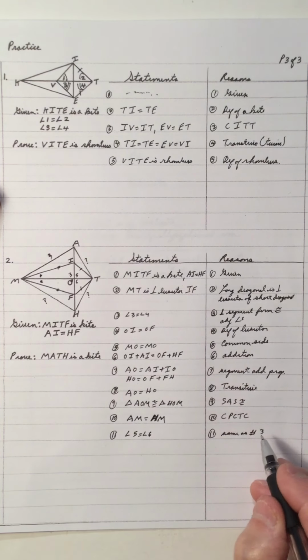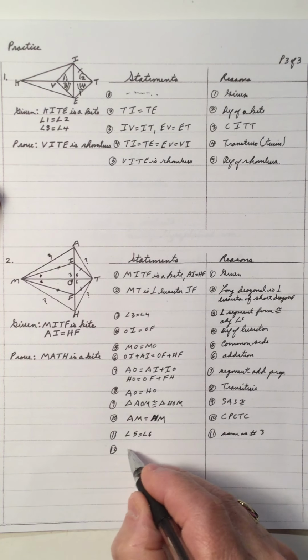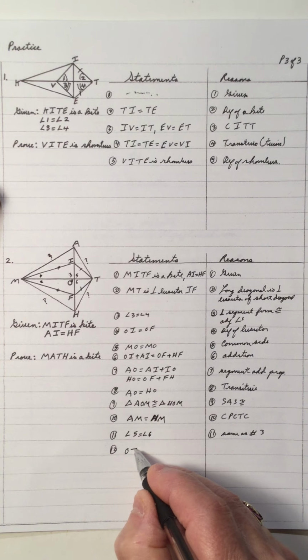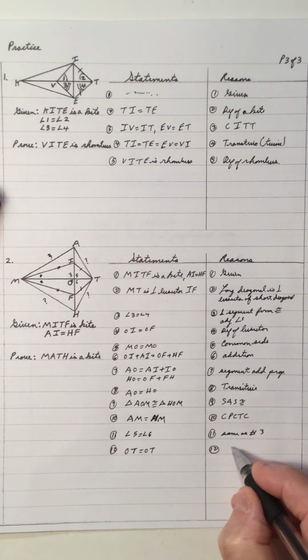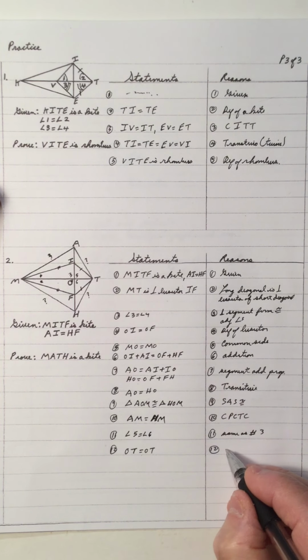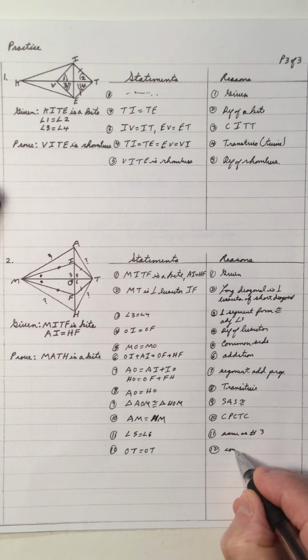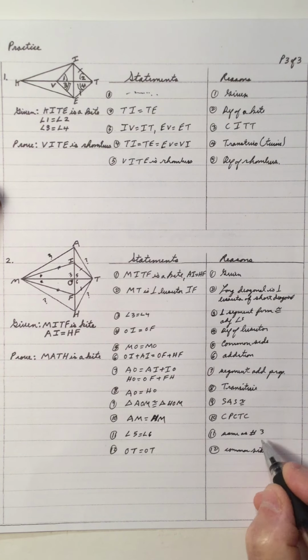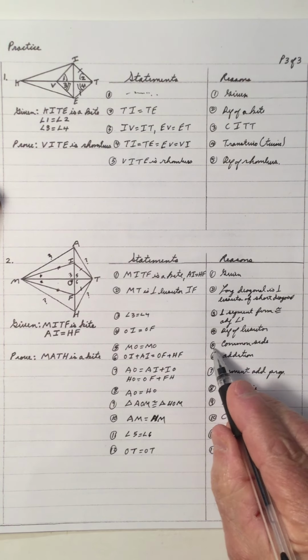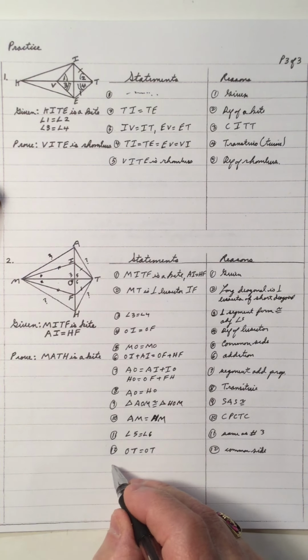Number 12 is OT equals OT. Again, that's the same as number 5, common side. It's quicker; you could say the same as number 5, or just say common side.